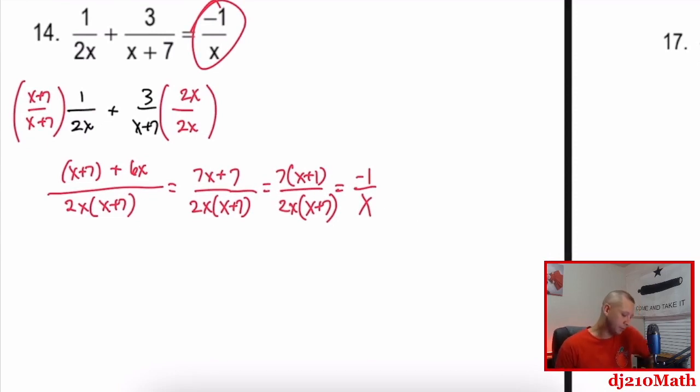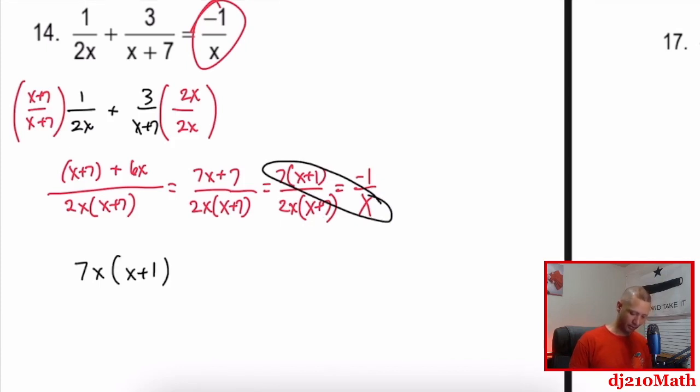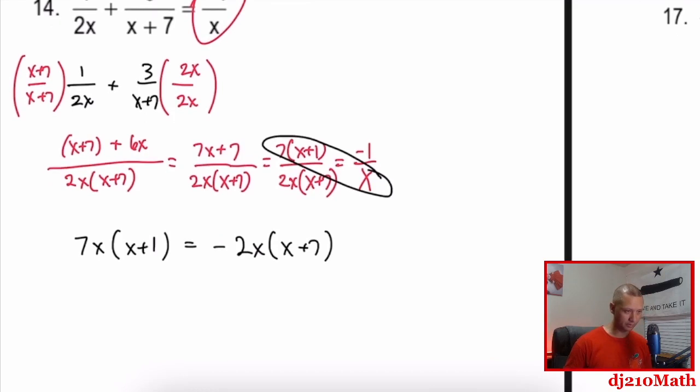So from here, since we got a common denominator, this is basically where we say, okay, cross multiply everything. So first we're going to have 7x, x plus 1. I'm not distributing just yet. Equals -2x, 7x plus 7.